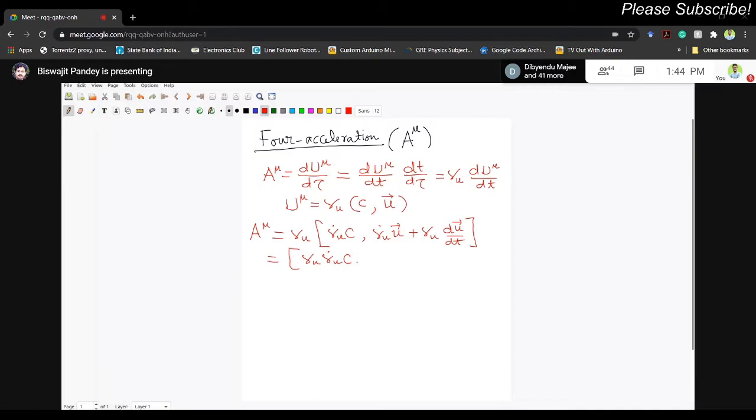What is gamma u dot? Because you know gamma u. What is gamma u? 1 over square root of 1 minus u square by c square. This is gamma u. So it is straightforward to calculate gamma u dot. Take a time derivative.